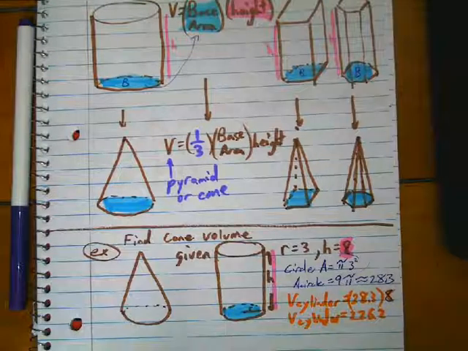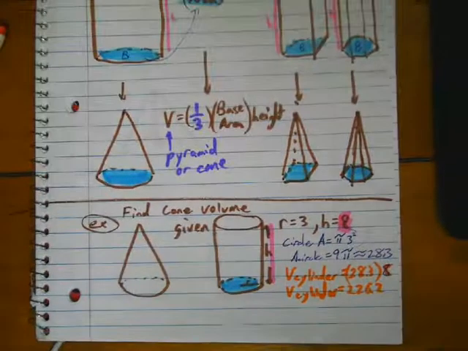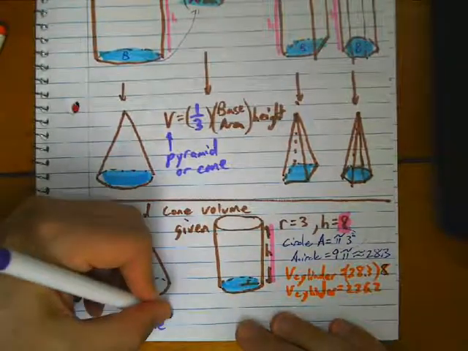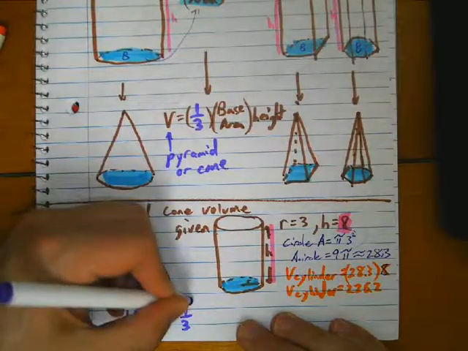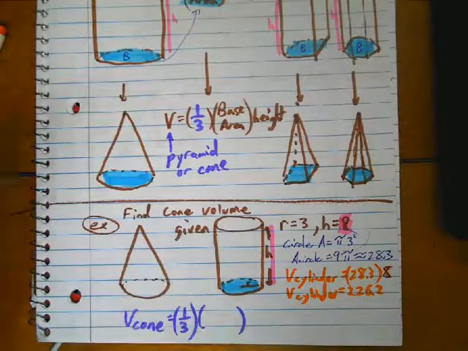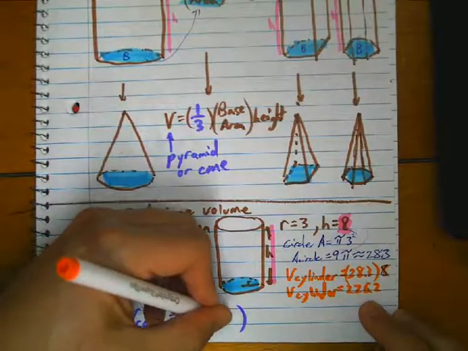And then finally, the volume of the cone equals 1/3 of that answer, 226.2.